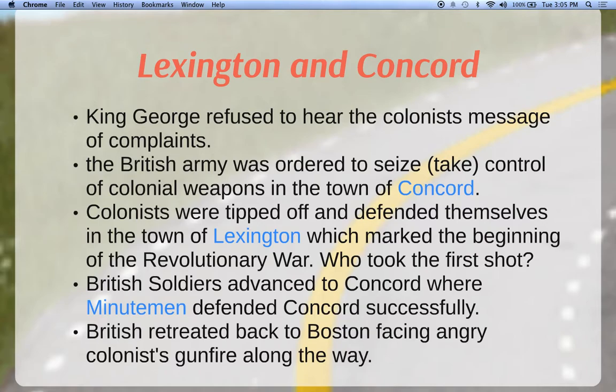So this kind of changes the face of what's going to happen for the United States. Basically, the soldiers continued on to Concord, where what we call Minutemen, these guys that were there to defend Concord, were there. They successfully pushed back the British soldiers, who retreated then back to Boston. And basically, on the entire route down to Boston, people were trying to take shots at them. So this really marks the beginning of the American Revolutionary War.